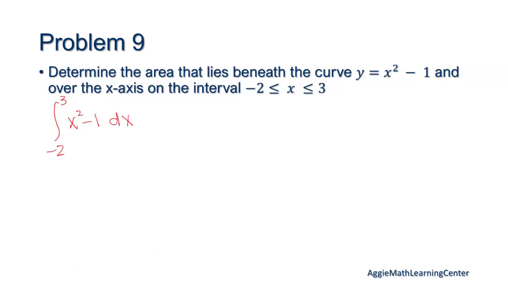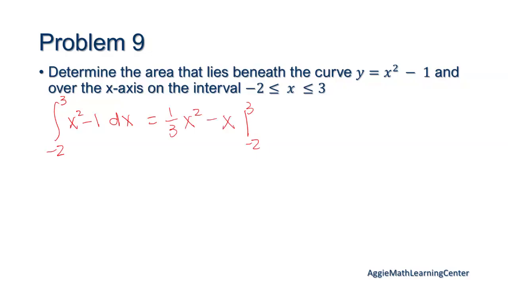And then just like we've been doing for multiple problems, this will be the reverse power rule. We'll add 1 on to 2 to give us 3, so we'll divide by 3. So we'll have 1/3 x cubed, and then minus x, evaluated from -2 to 3.